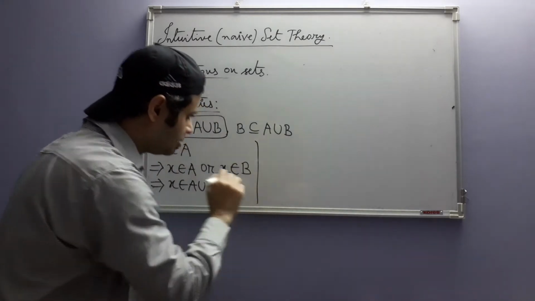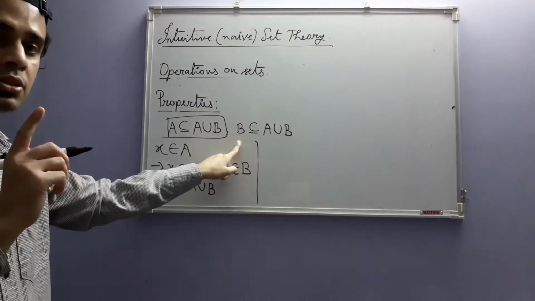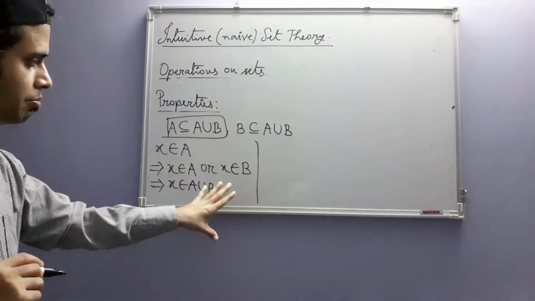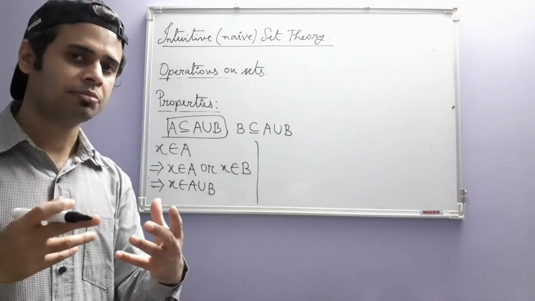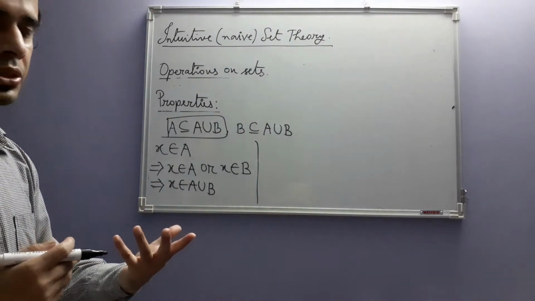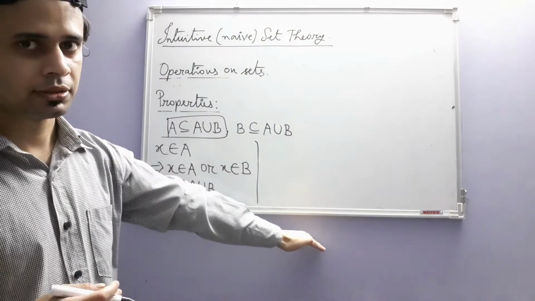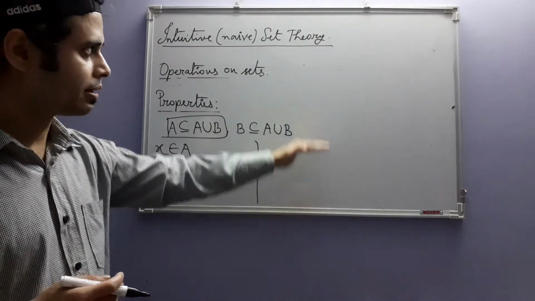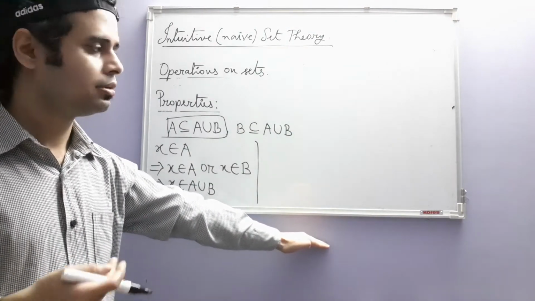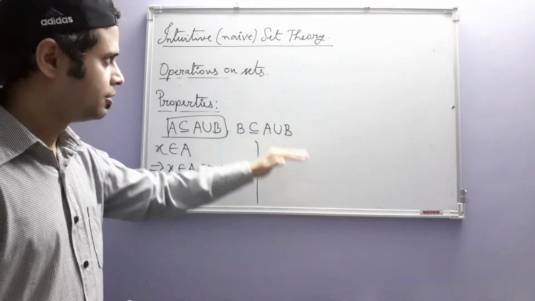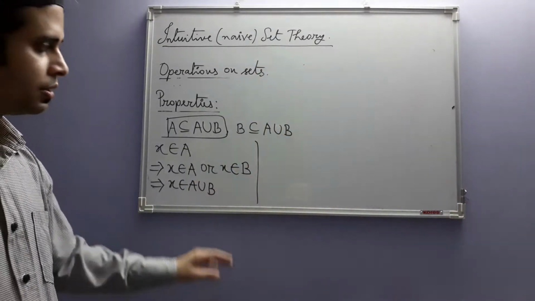Now I can repeat this with B, but instead I play a trick here. This is important. When you come across something in mathematics, you are being asked to prove something in maths, you don't have to always start from scratch. Sometimes that looks ugly and sometimes that is practically impossible, because you cannot use something from scratch all the time.